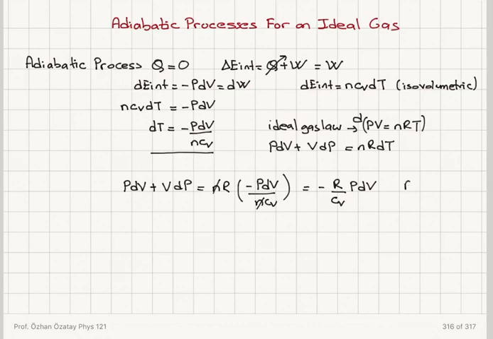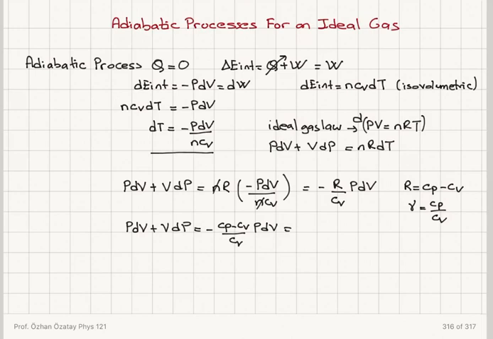And remember, R is equal to CP minus CV. So P dV plus V dP is equal to minus (CP minus CV) over CV P dV, and CP divided by CV was defined as gamma.